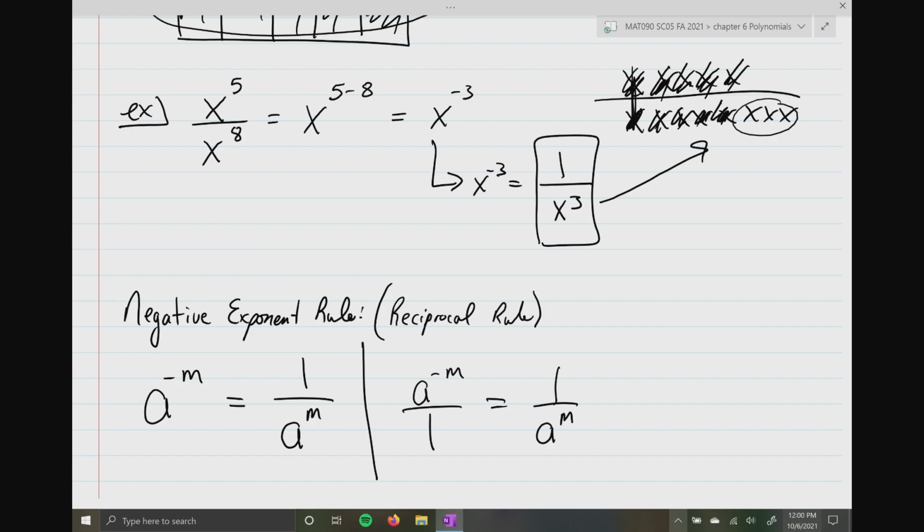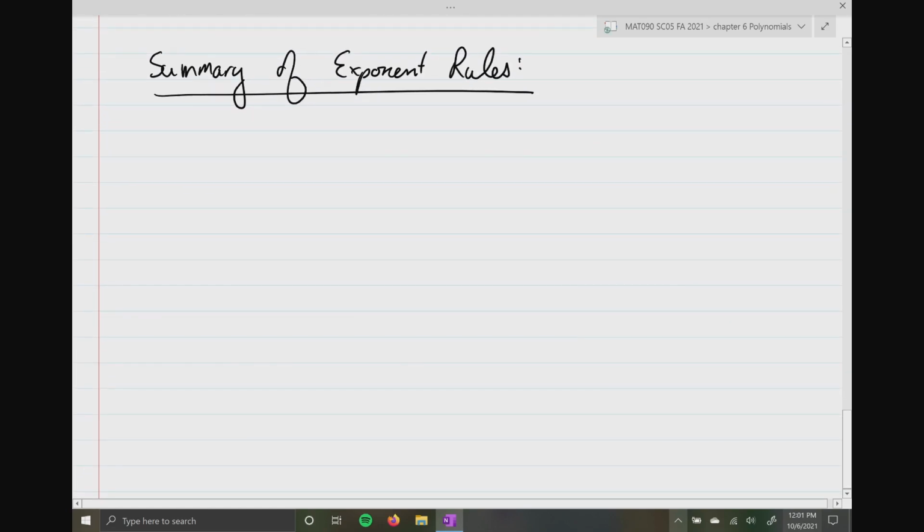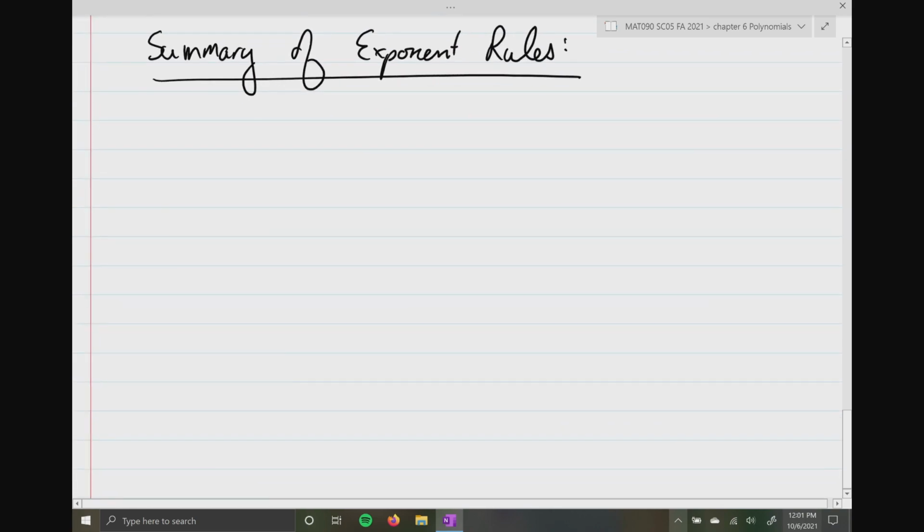All right. So before we leave, what I want to do is just create a big summary of all the rules we've learned. And then when we come back on Friday, we're just going to pick up where we left off. So here's our summary of rules. First one is the product rule.